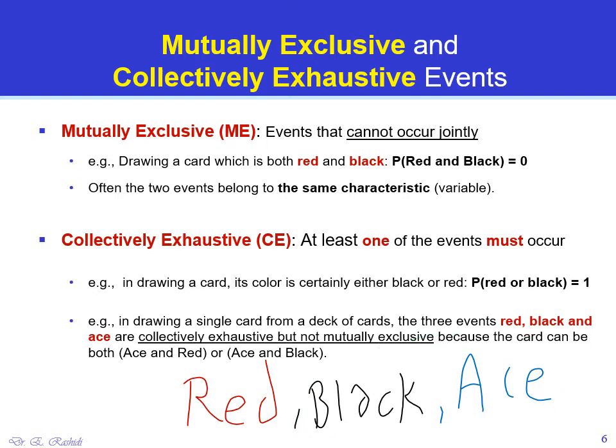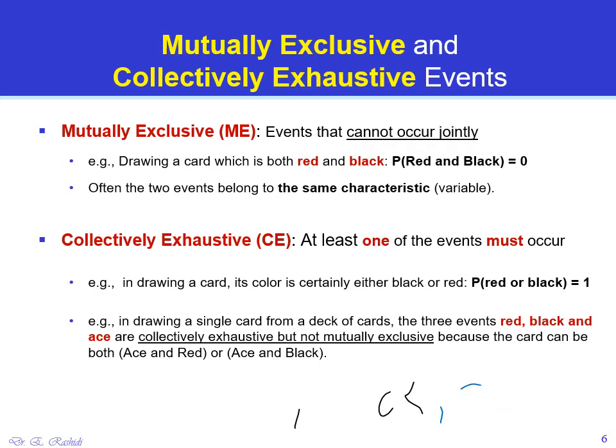Also, these two, ace and red, can happen at the same time. We can have a red ace card. So they are not mutually exclusive either, right? So that's why we say these three events are collectively exhaustive, but not mutually exclusive.